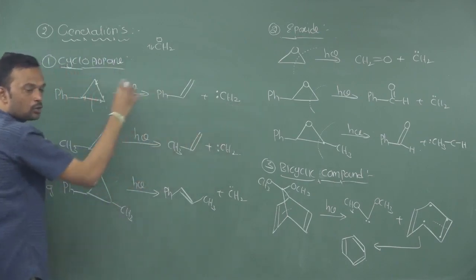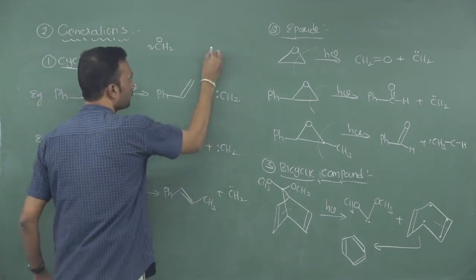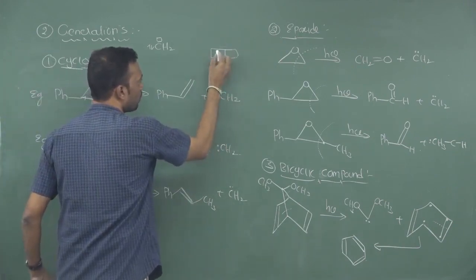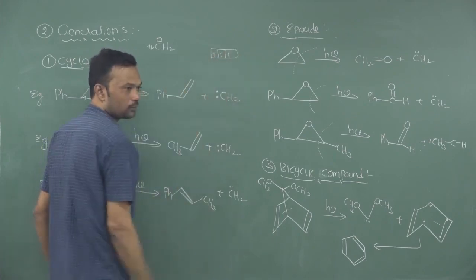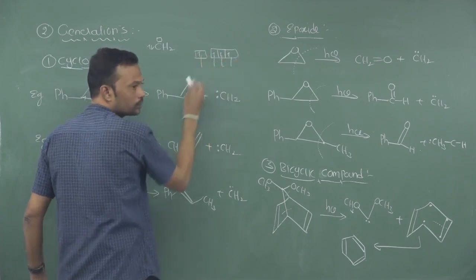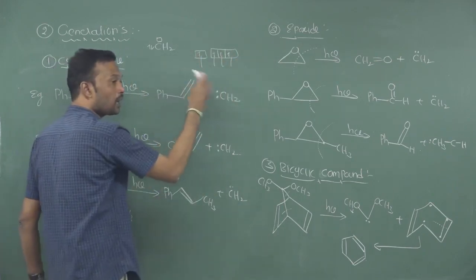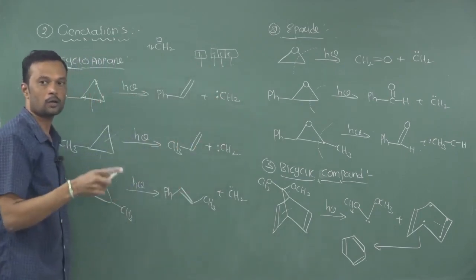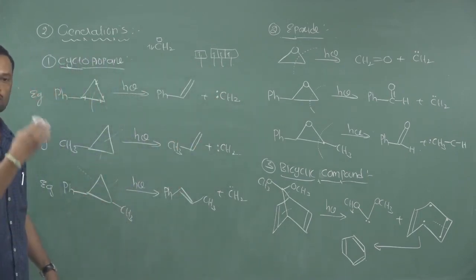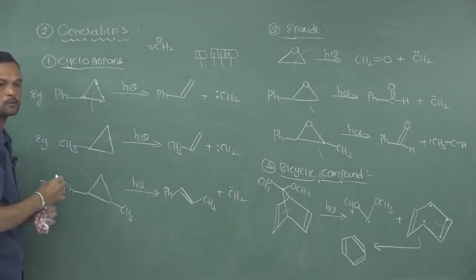Why? Because according to Hund's rule of maximum multiplicity, all degenerate orbitals should carry the same spin, or not. Suppose I take an sp3 hybridized carbon, 1, 2, 3, 4, all electrons have the same spin, or not. If a carbon has tetravalency, the carbon's own electrons will participate with the same spin or opposite spin?